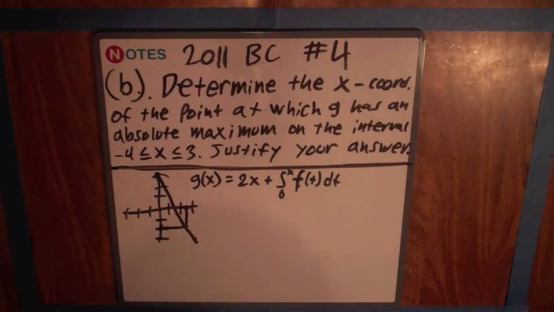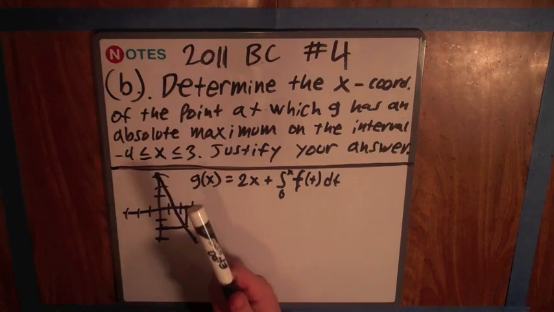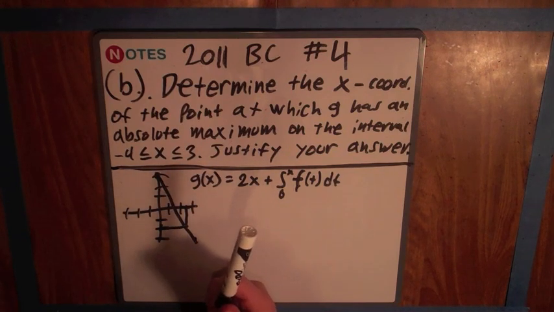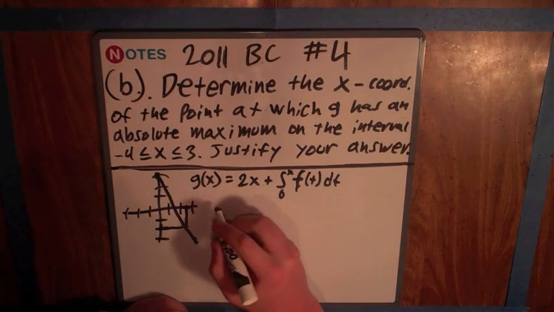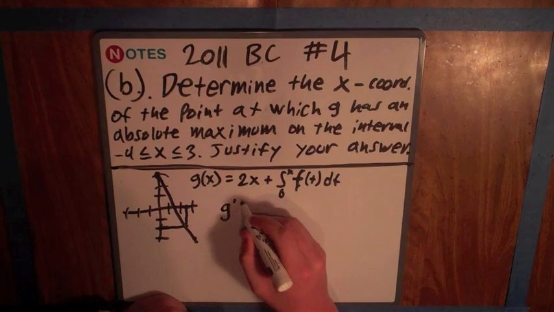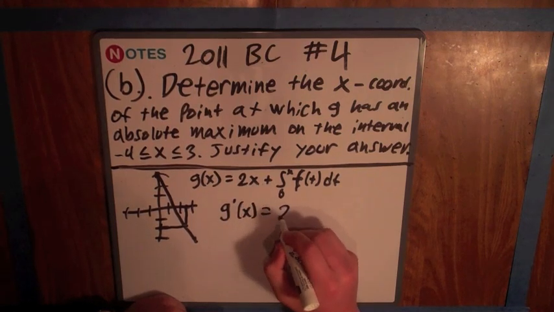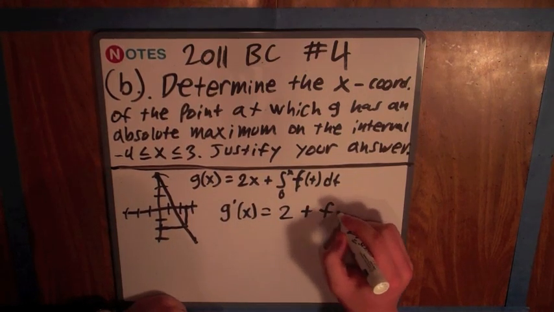Part B. Determine the x-coordinate of the point at which g has an absolute maximum on the interval -4 less than or equal to x less than or equal to 3. Justify your answer. So first, we need to find the absolute maximum. To do this, we're going to need to take the first derivative of g of x, which is g prime of x equals 2 plus f of x.